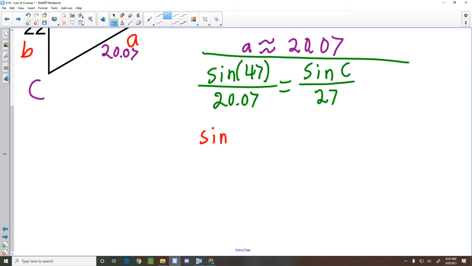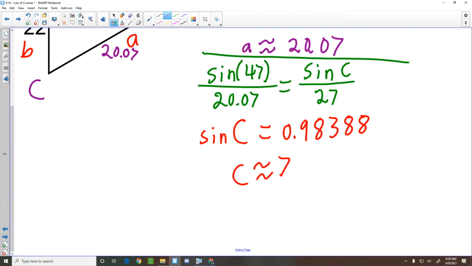I got the sine of C equals 0.98388. Second sine inverse, second answer. And angle C, I got approximately 79.7 degrees. Anybody else for C? 79.7 degrees. Very cool.